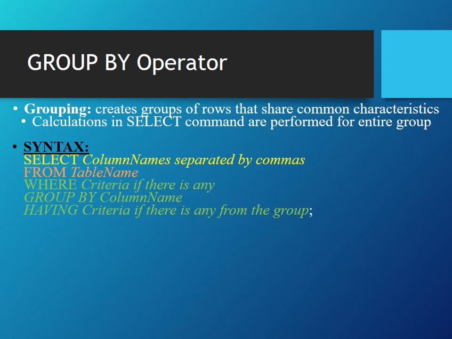This is what you use for the group by clause if there is any criteria that's needed. So it's only used for groups. The where is used for the select from, and the having is used by the group by, and I'll clarify that in just a moment as well.